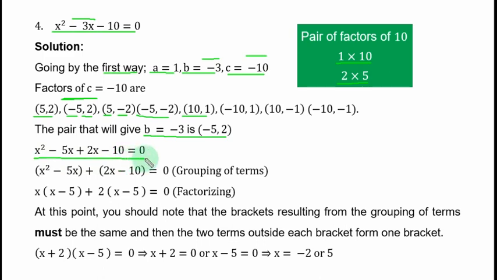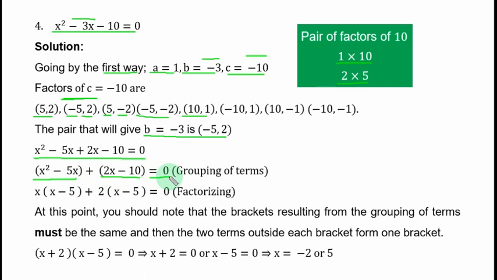The purpose is to have four terms so that we factorize by grouping. The first two terms, s squared minus 5s, are one group. The last two terms, 2s minus 10, are another group. Then you equate to 0.